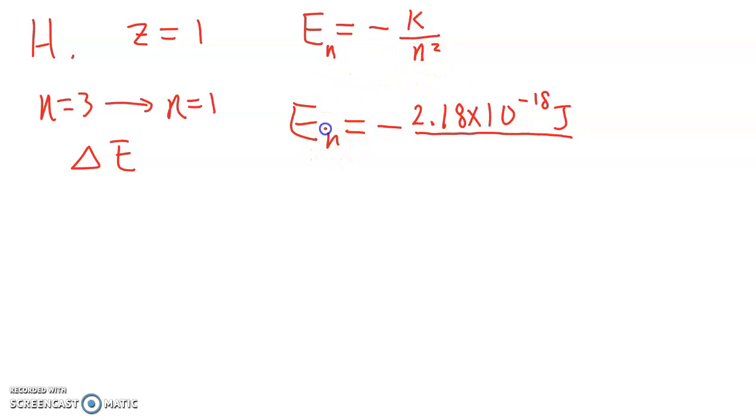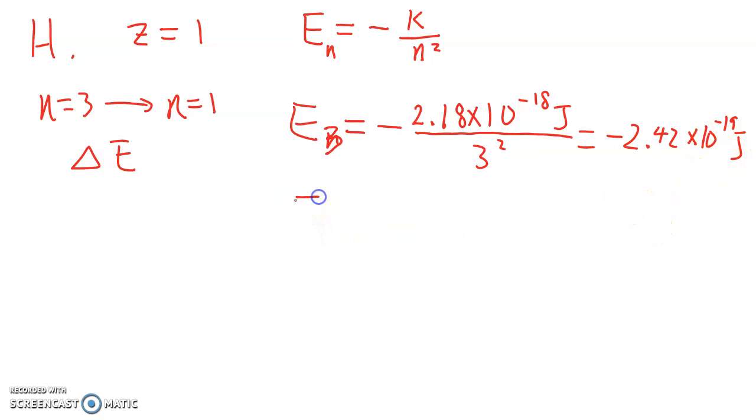We say N is equal to 3, so N squared will be 3 squared, and that would be 9. So it will be negative 2.18 times 10 to the negative 18 divided by 9. What I get over here is negative 2.42 times 10 to the negative 19 joule.